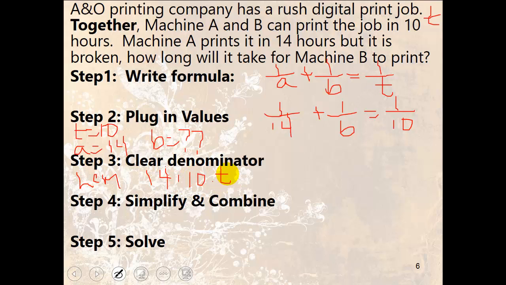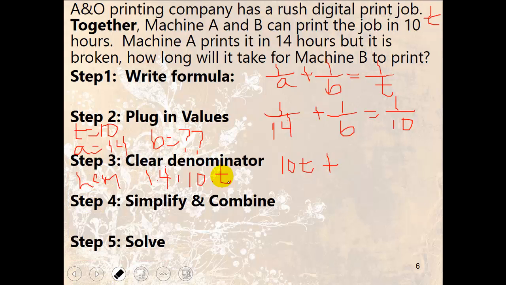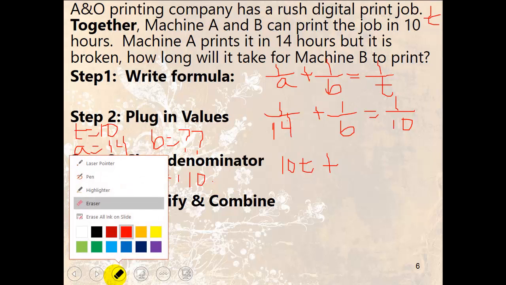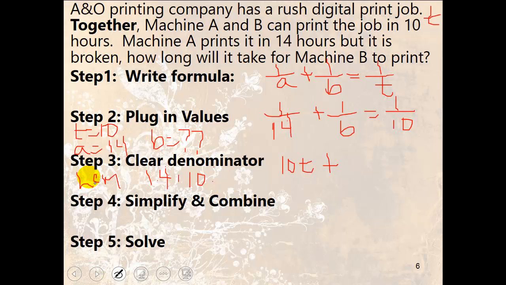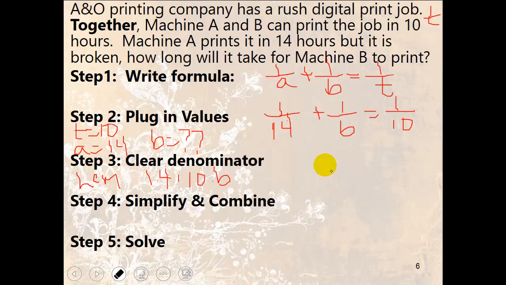So in my first term here, my 14s will cancel, so I will get 10T plus, this is a B. Oh sorry, need to erase, this is not a T, it's a B. So my first term, I'm going to get 10B.